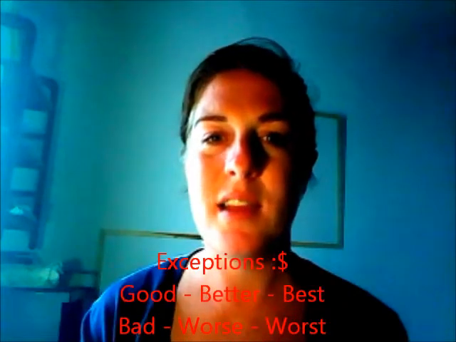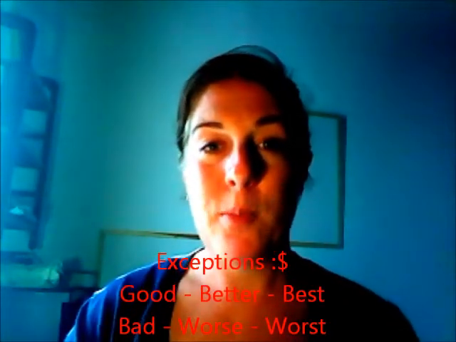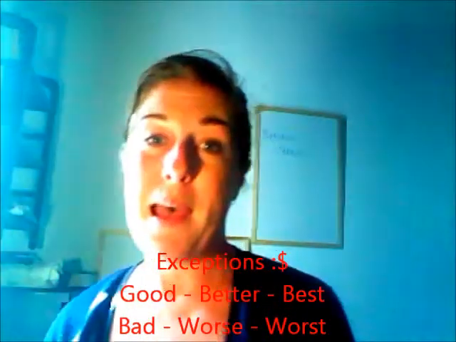So, of course, there are some exceptions, and unfortunately these you will just have to learn. However, there are only five really important ones to learn. Good becomes better or best.